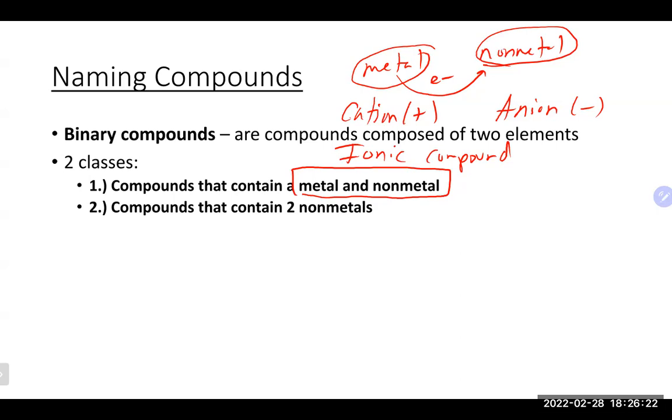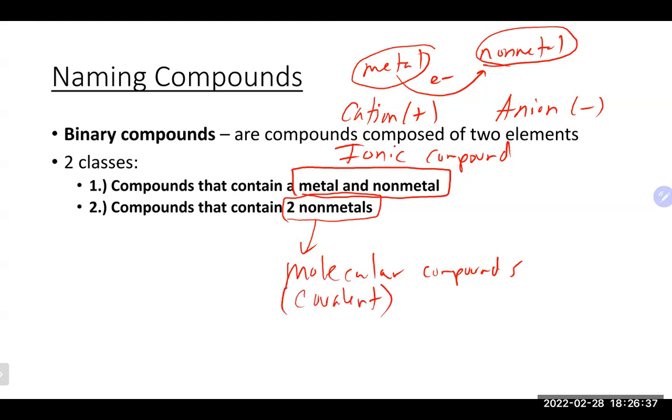The other type of naming we're going to talk about will contain two nonmetals. These are sometimes referred to as molecular compounds or covalent compounds. And in this case, because of those periodic trends we just talked about, everybody's up on the right-hand side of the periodic table, which means they share very similar tendencies in terms of, I want to keep my electron, you want to keep your electron.